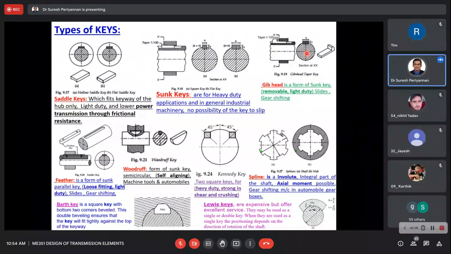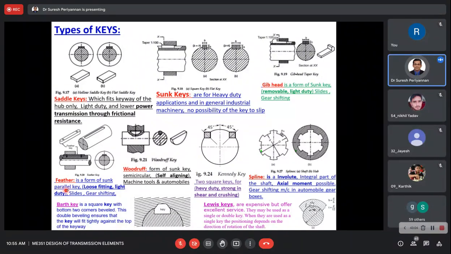Now I come to the feather key. The flat key, square key, rectangular key, and gib head key are under the sunk key categories. First we discuss the feather key. The feather key is a form of sunk key.